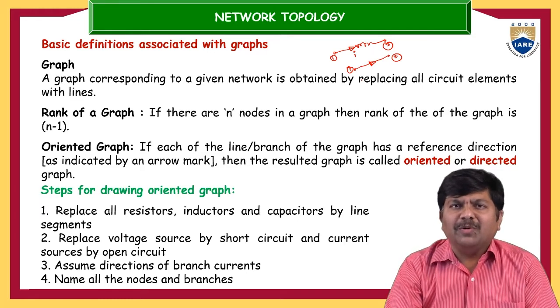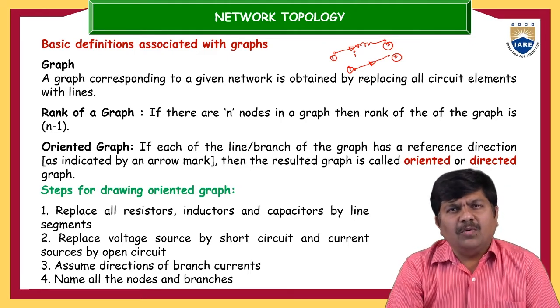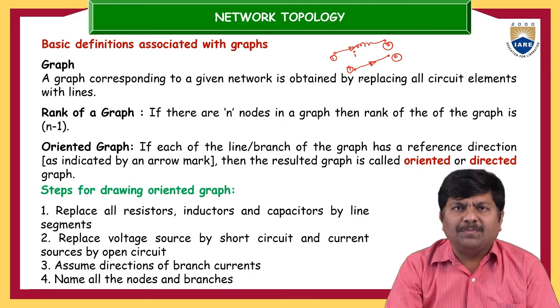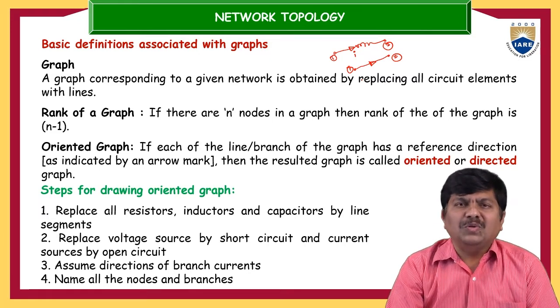The third step is to assume directions of the branch currents. Just think for a while about the procedure we adopt to mark the directions of current in mesh analysis or loop analysis. Arbitrarily we choose the direction of the current in the loops. The same procedure applies here also.